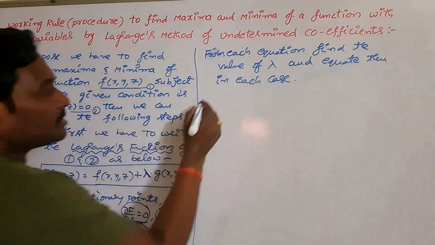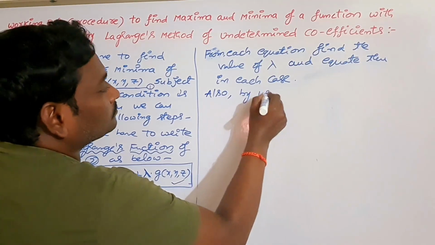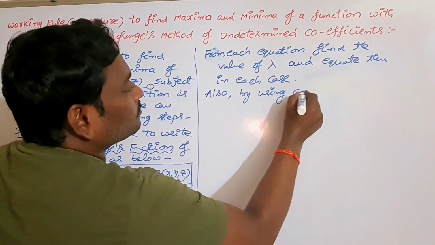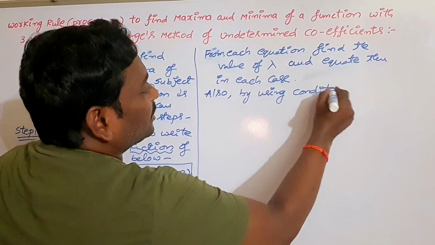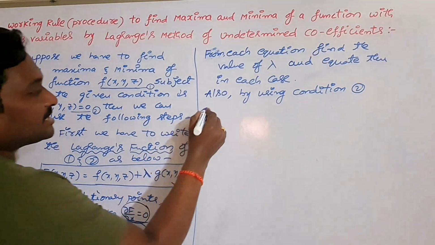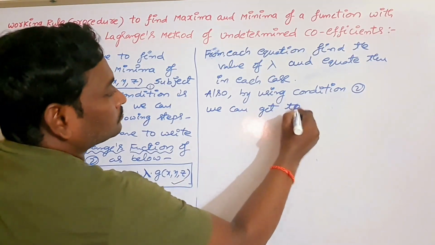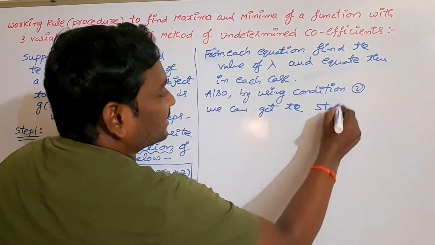Okay, also by using condition 2, we can get stationary point.